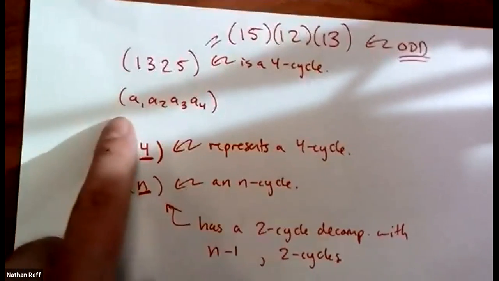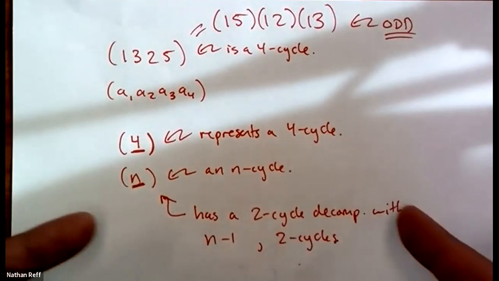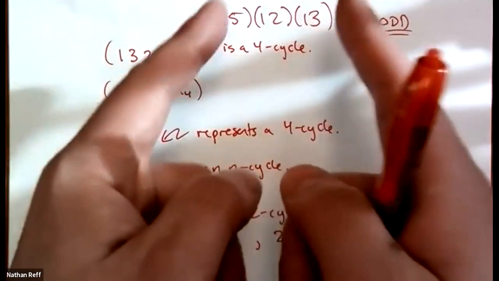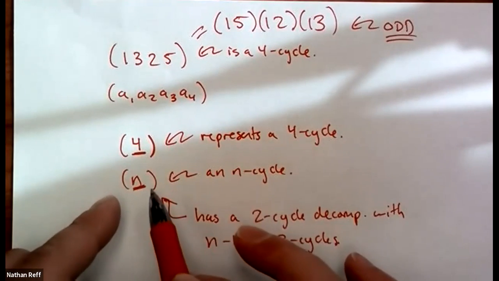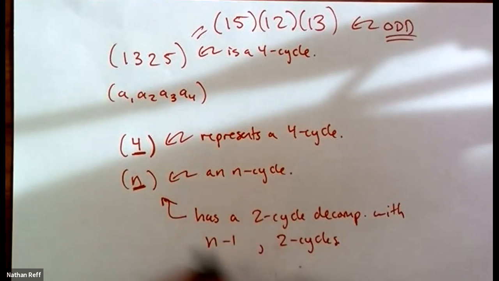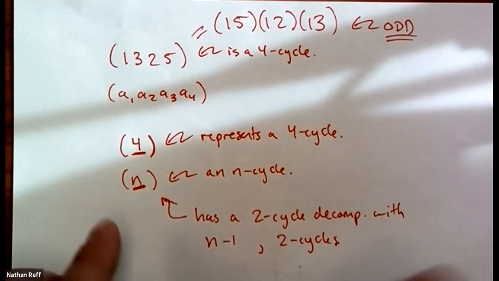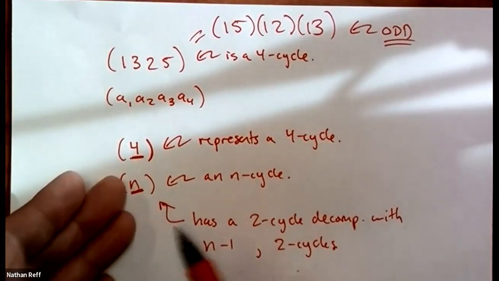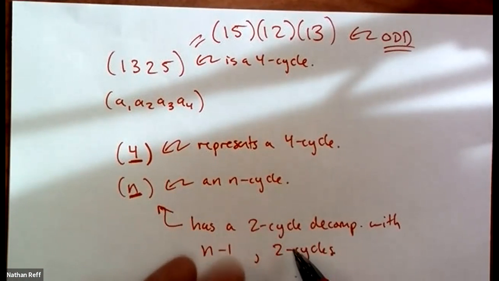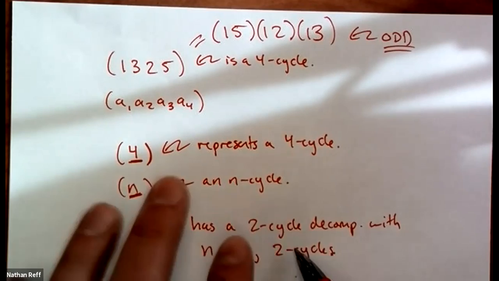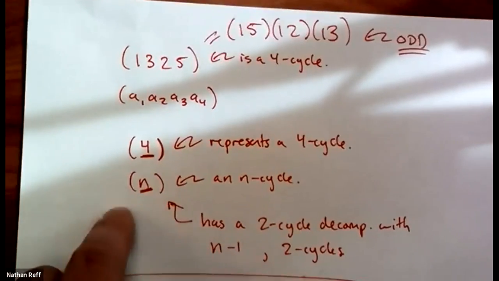Because using the trick that I showed you in class, a cycle of length n would decompose into n minus 1 2 cycles, just like this 4 cycle decomposed into 3 2 cycles. So what that means is that the length determines the parity. If this was a 4 cycle, that would be odd. If it was a 7 cycle, that would be even, because n minus 1 will be 6 there. Okay, so I'm just mentioning this as a shortcut notation.